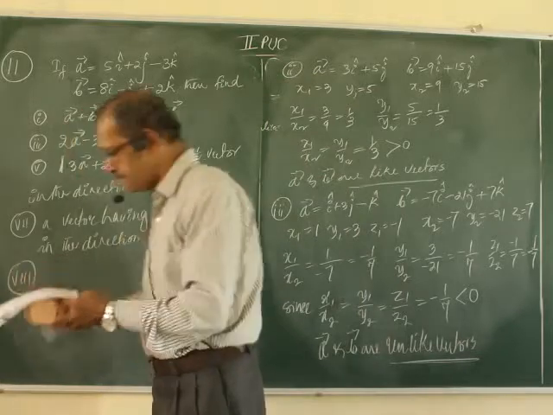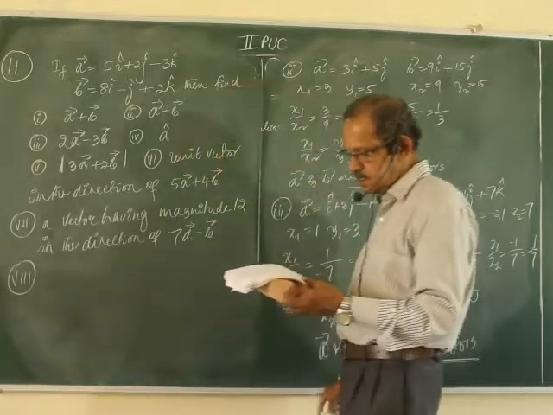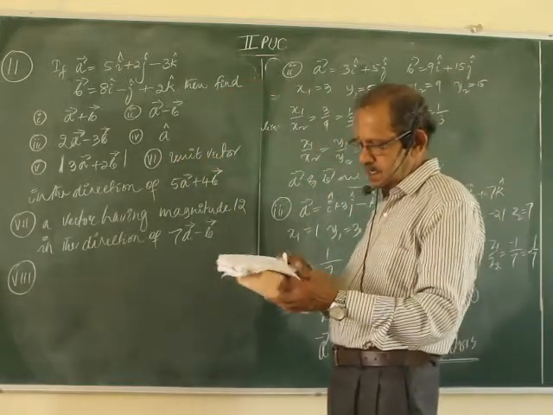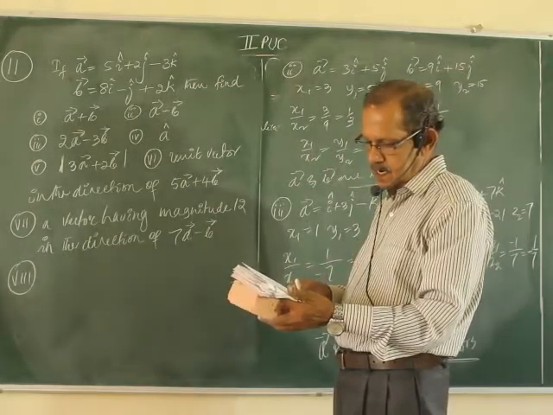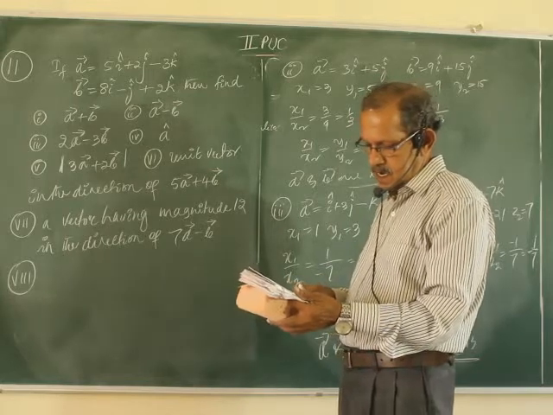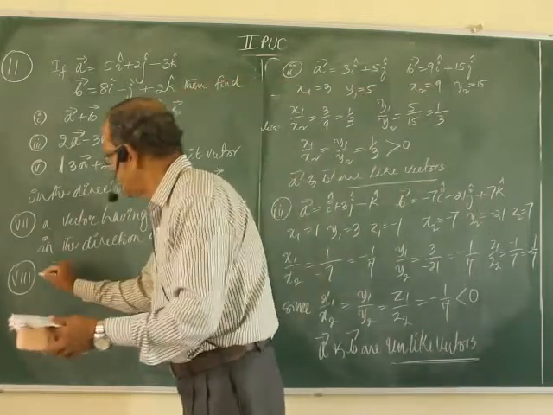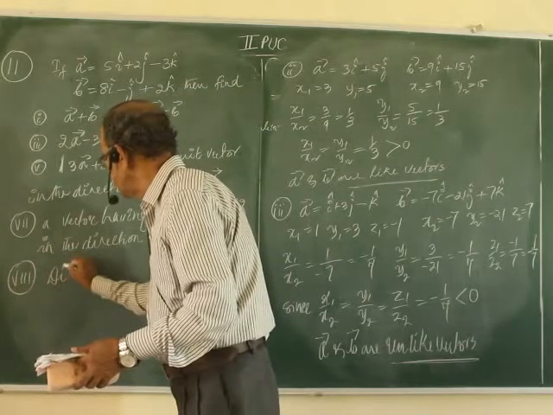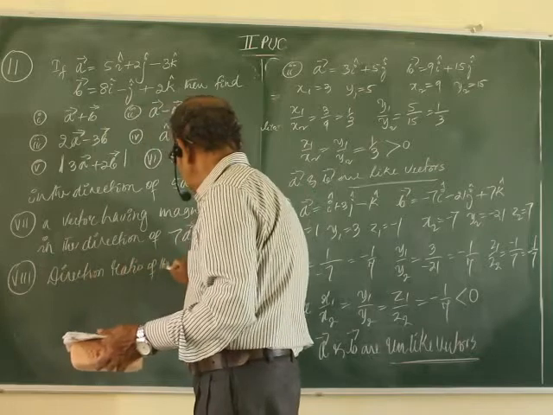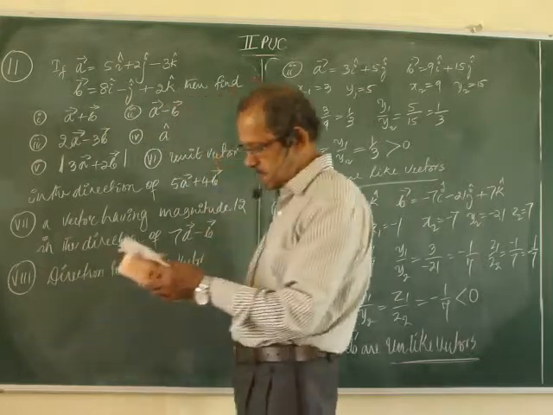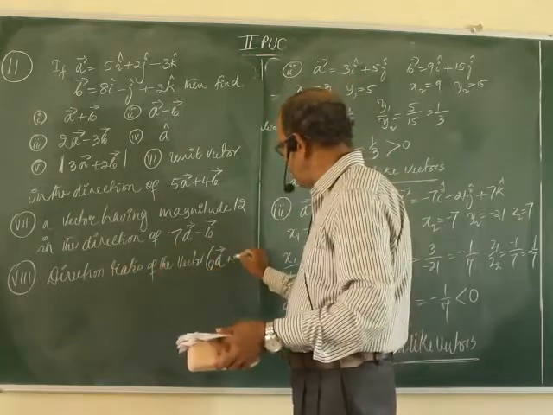Eighth one, direction ratio of the vector 6a plus 2b.